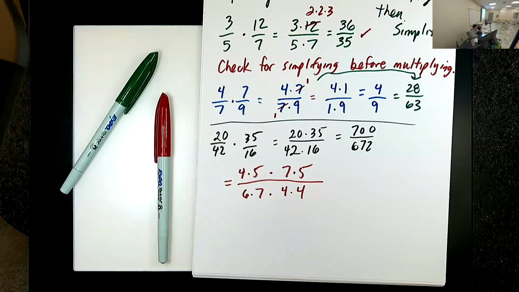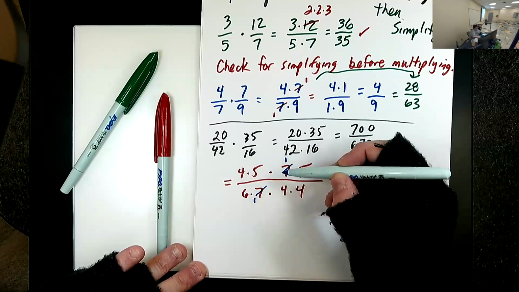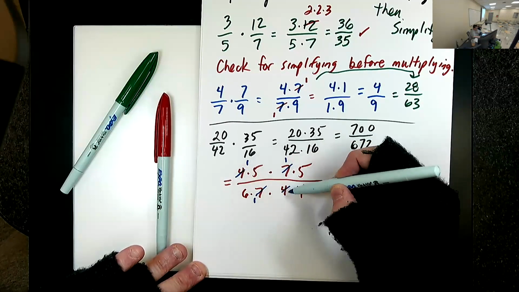Now you can cancel out some stuff. You can see we've got a 7 on top and bottom, and we've got a 4 on top and bottom.